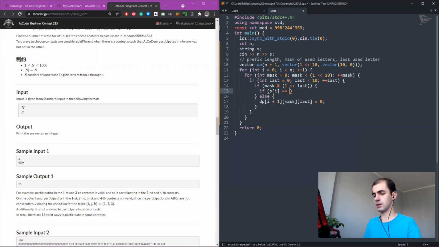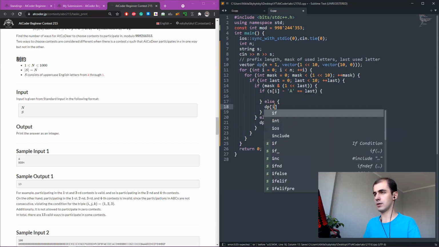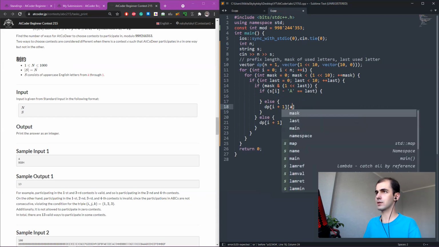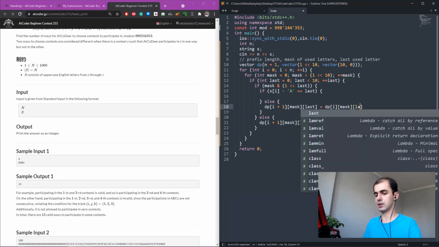If S_i minus 'a' is not equal to last, then dp at i plus 1, mask, last can get dp at i, mask and last.